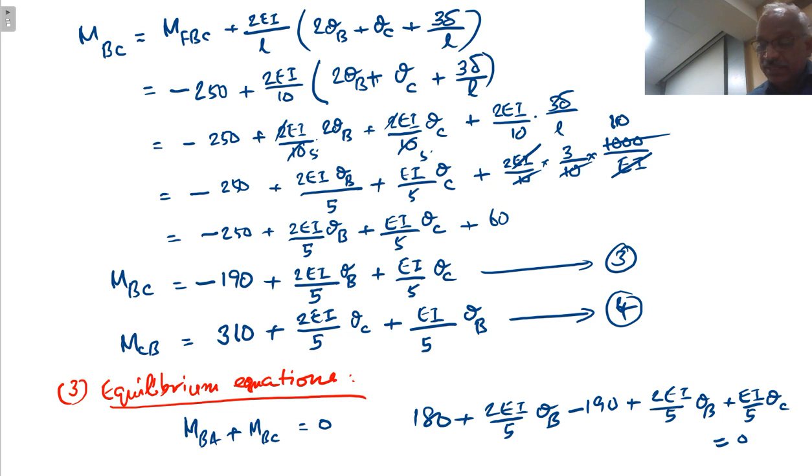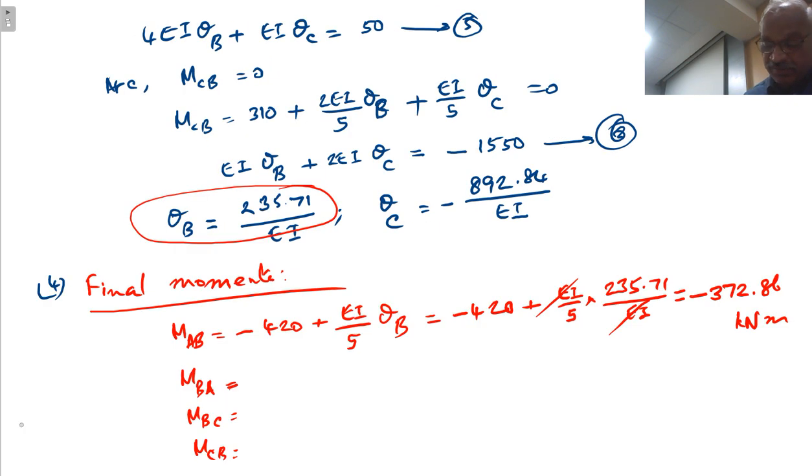Then here MCB is minus 190 plus 2EI by 5 into θB, and EI by 5 into θC is minus 892.84 by EI. So EI will get cancelled, you will get numbers. Then on simplification you will get the final values.